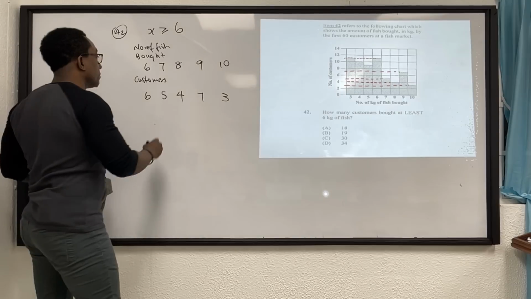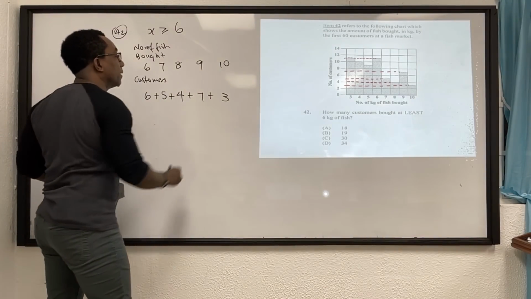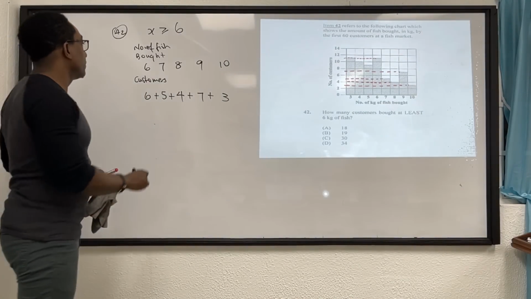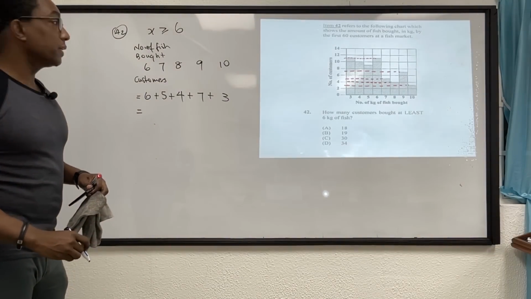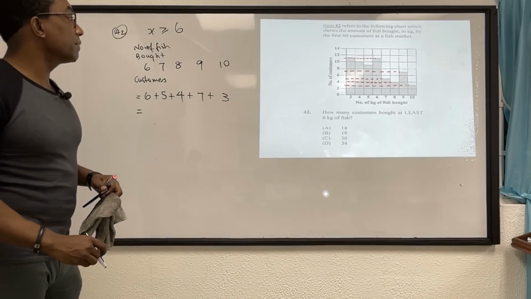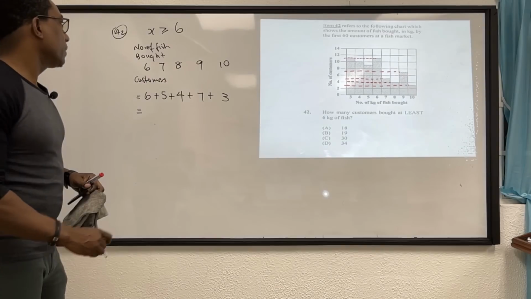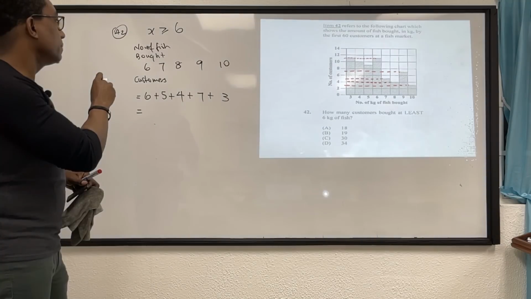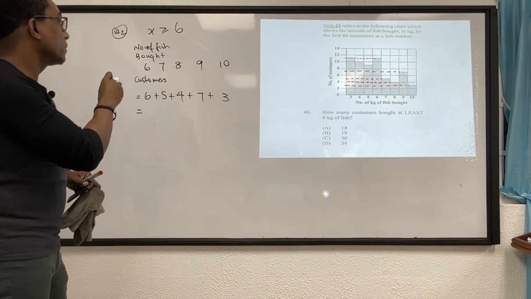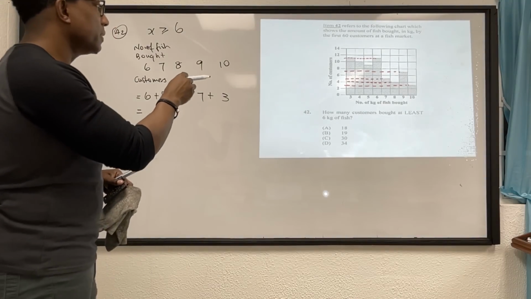So the number of customers will be 6 plus 5 plus 4 plus 7 plus 3. That will give us 6 plus 5 is 11, 11 plus 4 is 15, 15 plus 7 is 22, 22 plus 3. Am I right? Let's double check to see.